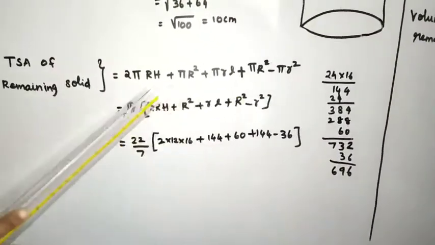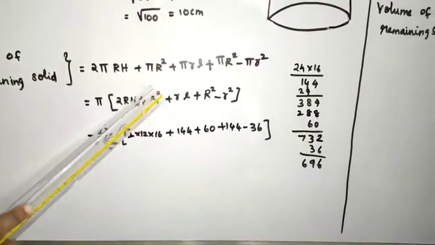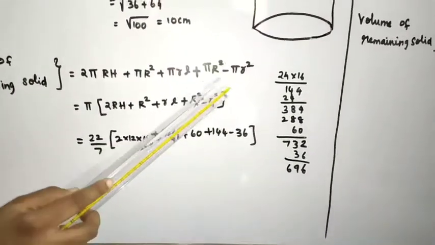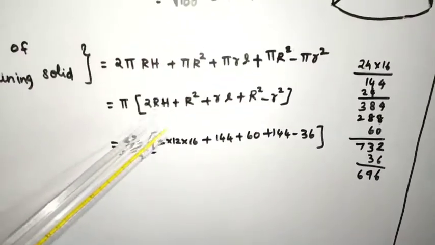From these 5 terms we take pi common: 2 R H plus R square plus r L plus R square minus r square. Now we substitute the corresponding values.